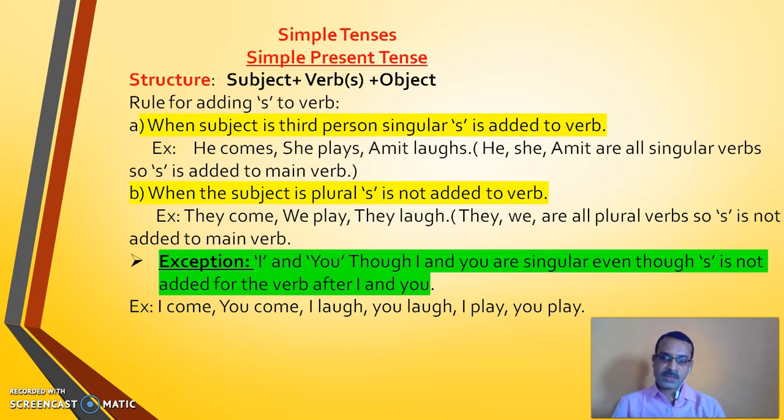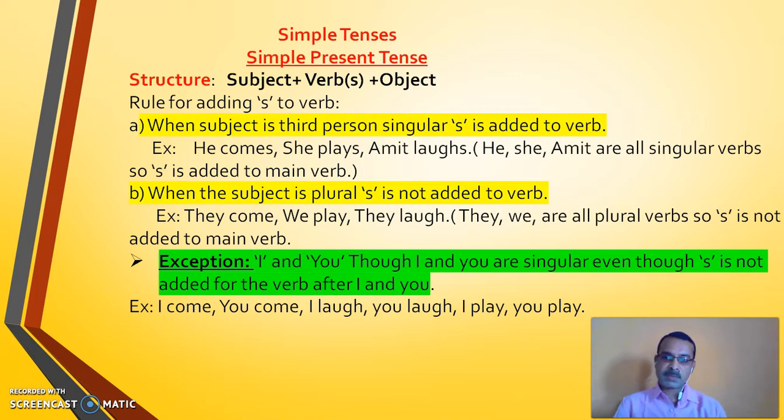The next rule says when the subject is plural, s or es is not added to the verb in simple present tense. For example, they come, we play, they laugh. Here the subjects are they, we, they. So the root word or the main verb will be written there.